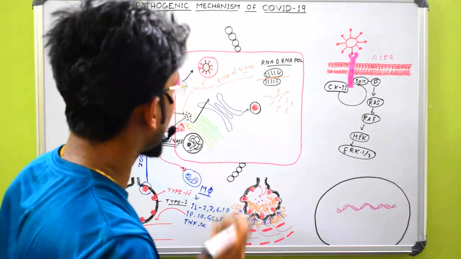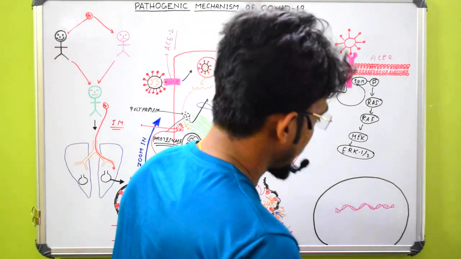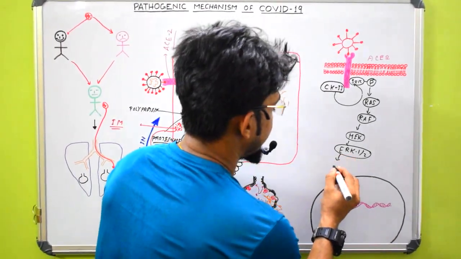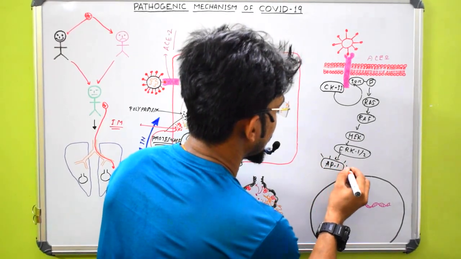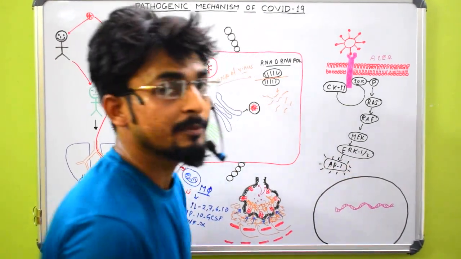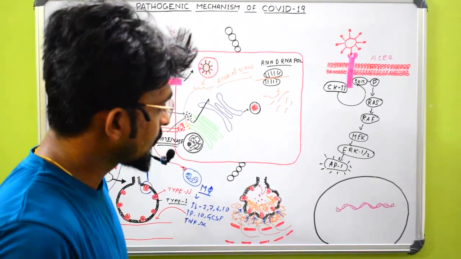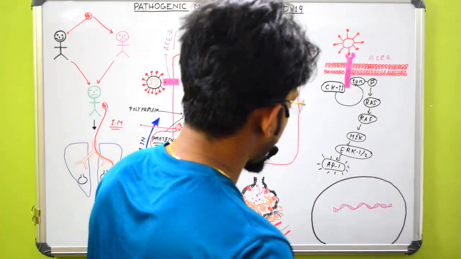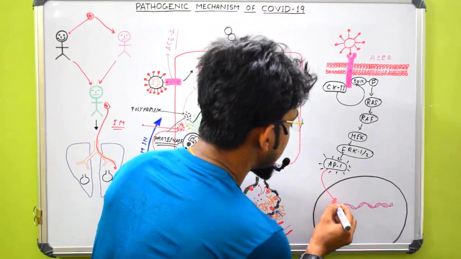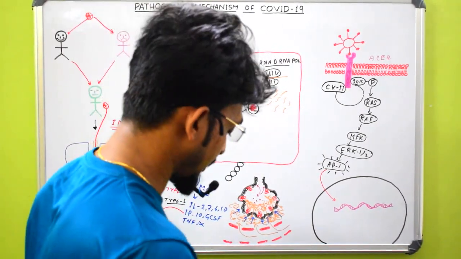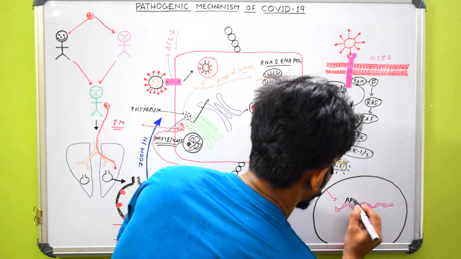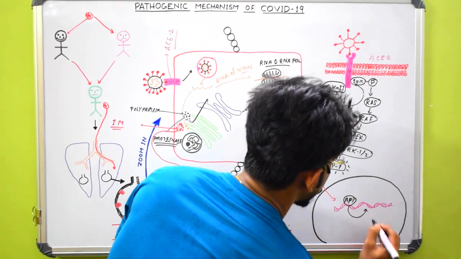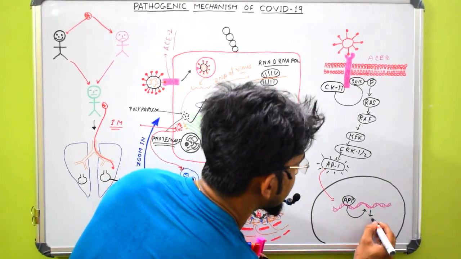Now this ERK 1 and 2 will activate another transcription factor, that is AP1, and this AP1 will go inside the nucleus and bind on the DNA and transcribe a particular segment of the DNA.